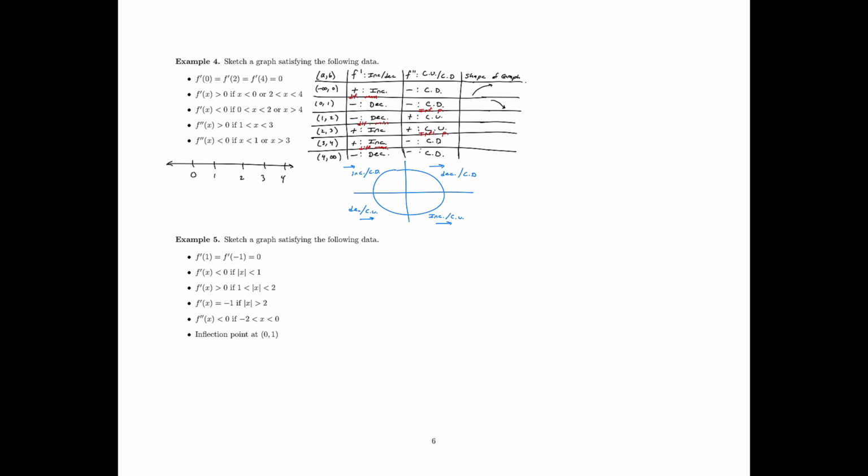This is supposed to say decreasing and concave up, which would be this. Increasing and concave up, which would be this. Increasing and concave down would look something like this. And lastly, decreasing and concave down would look something like this.